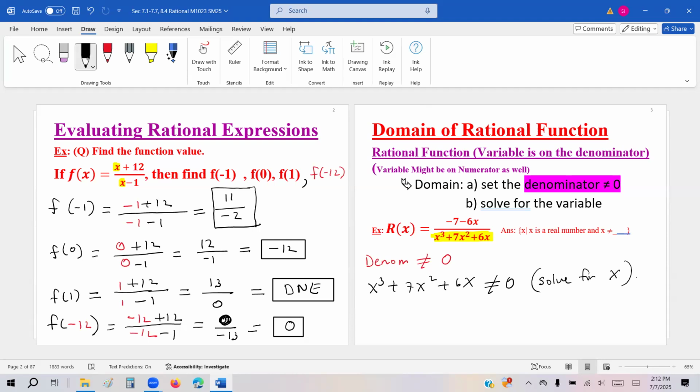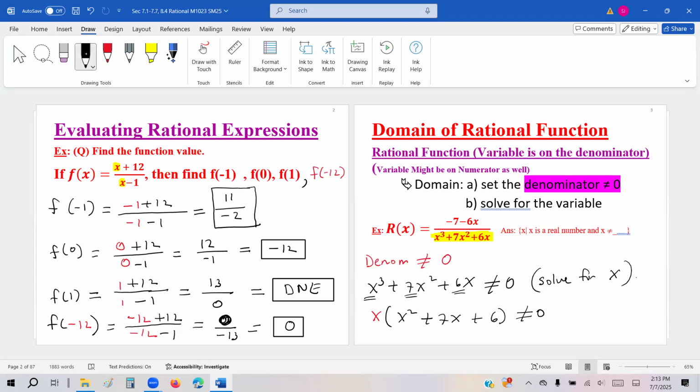Now, how many terms do we have here? 3 terms. How do you solve 3 terms? We can use the easy method, but before that, what do you observe? GCF. So what is our GCF here? X. After I factor out the GCF, what remains? X squared, then 7x, 6.